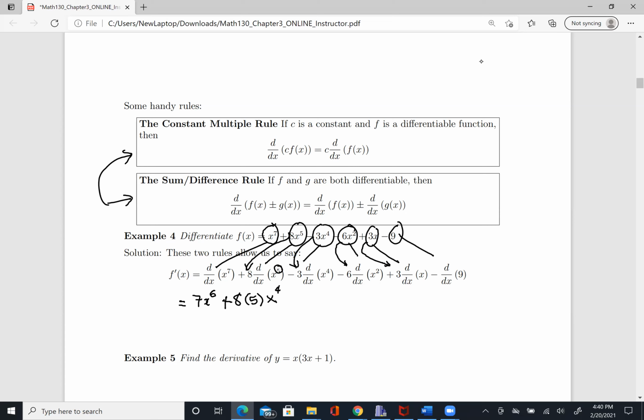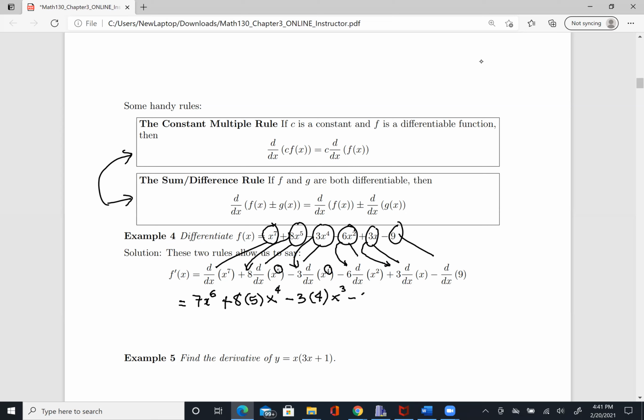Now I move to the next term, minus 3 first. I have to multiply it by 4, because this 4 goes down in front of x, and now x has the new power 4 minus 1, equal to 3. Can you follow me?